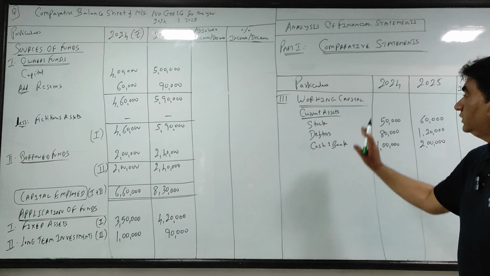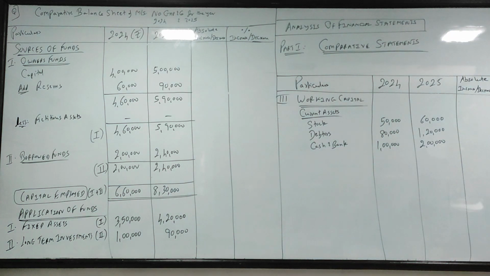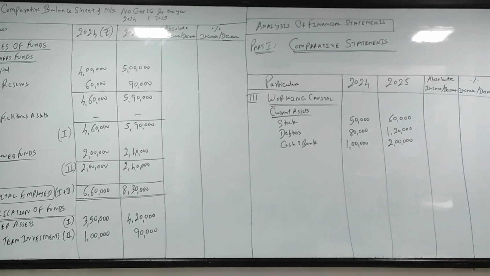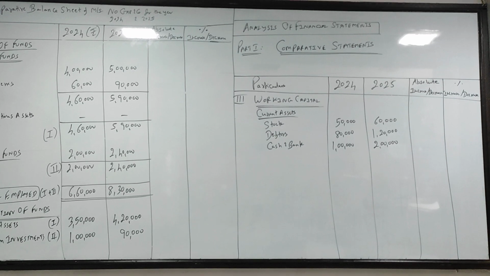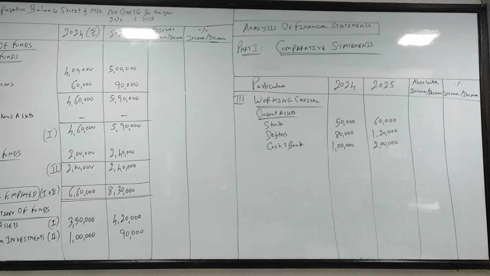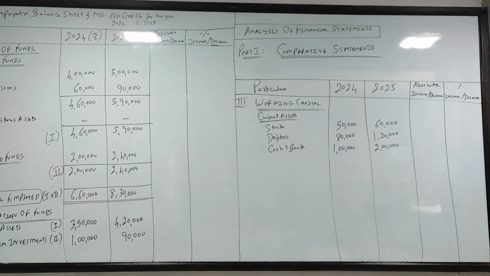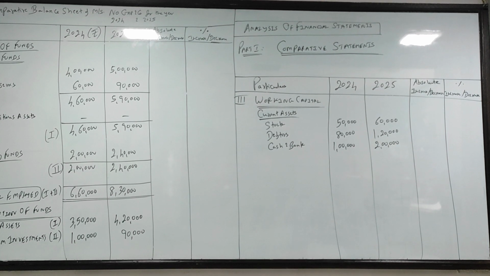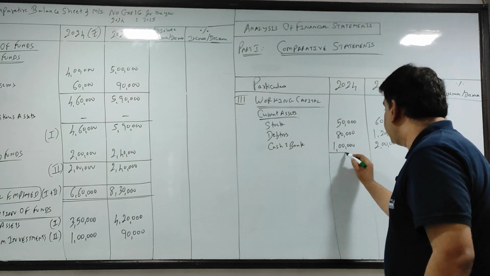Now, what is working capital? Current assets minus current liability.